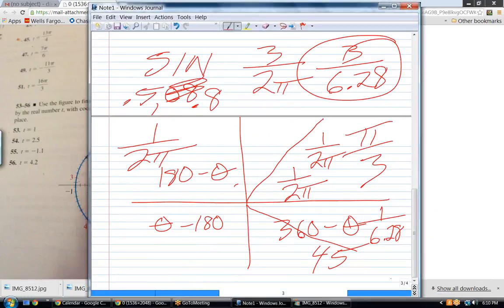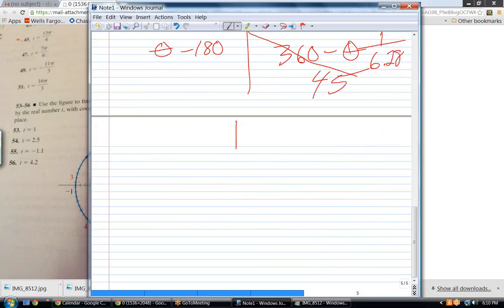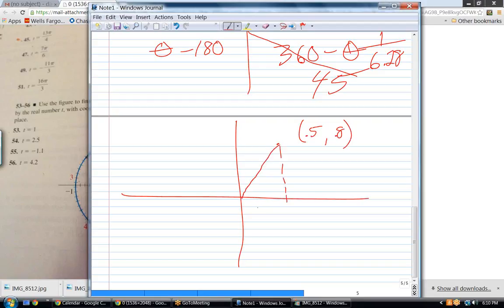Let me draw this. Which makes this 0.5 and that 0.8, and that clearly is 1, right?